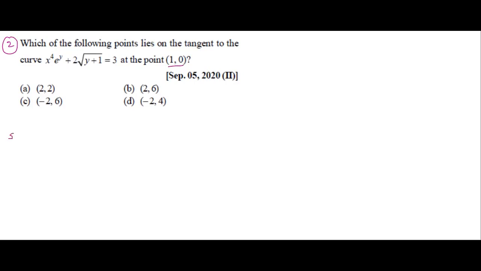Okay. So first do the differentiation. This is a given curve now. Do the differentiation. x power 4 is constant. e power y differentiation, e power y into y dash, plus e power y is constant, x power 4 derivative 4x cube, plus 2 into root y plus 1 derivative 1 by 2 root y plus 1, internal derivative of y dash, that is equal to 0.